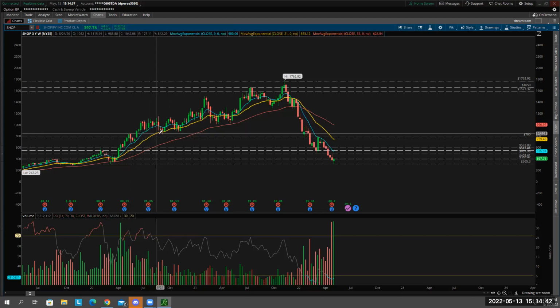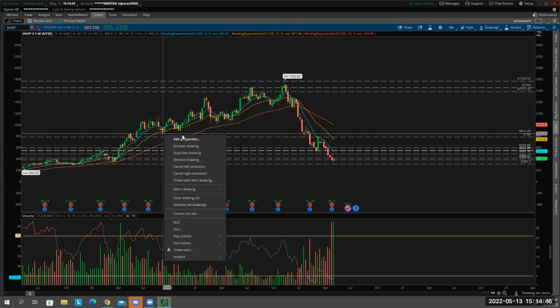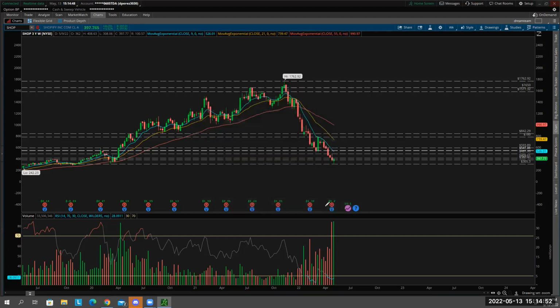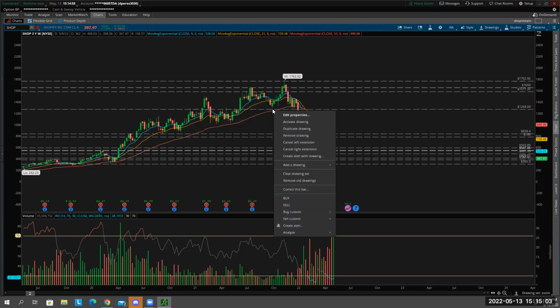Support, rejection, we get the support right here, 839.40. Support right here, support right here, 1285.90.